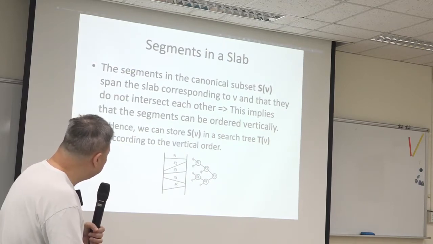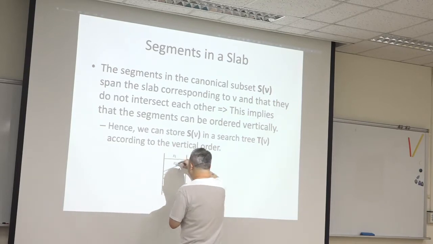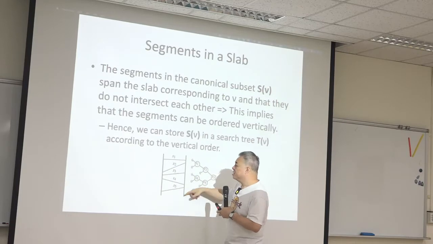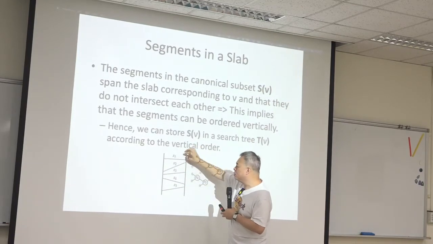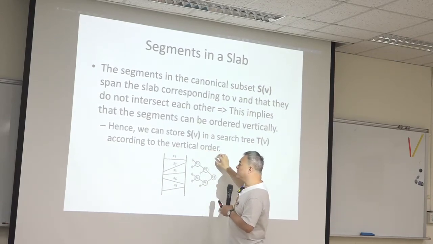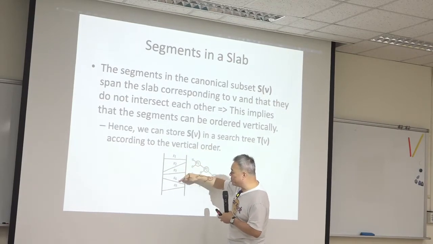Say, if this slab corresponds to one node, then the SV is going to contain S1, S2, S3, S4, and S5.